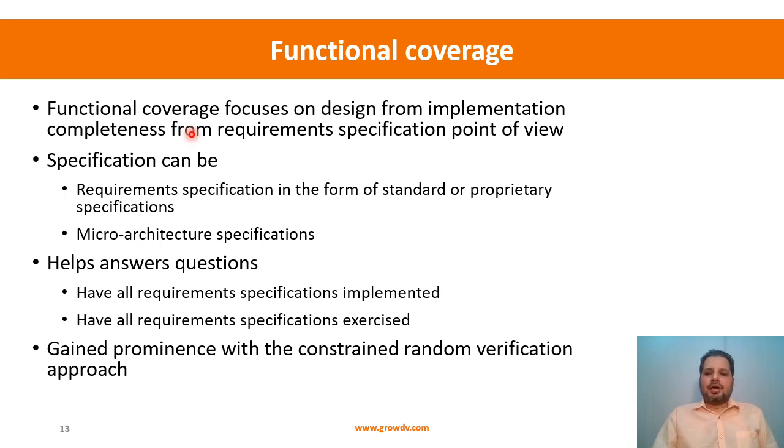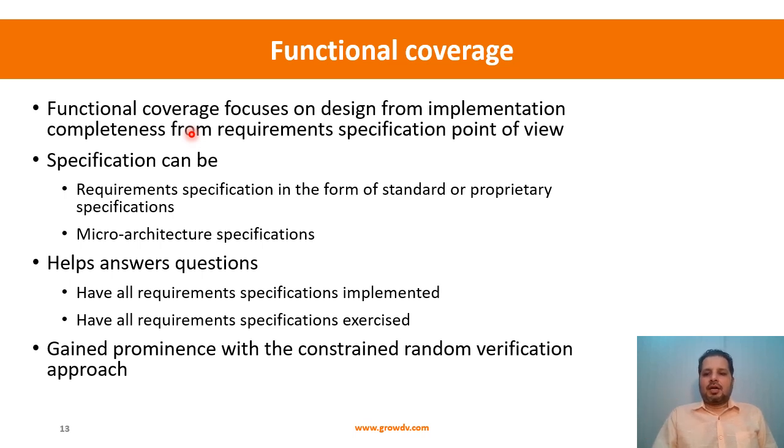And when we say requirement specifications, they can be in the form of a standard or a proprietary specification. Standard specifications could be PCI SIG providing the PCIe specification, or USB.org providing the USB specification, or MIPI providing, let's say, UniPro for flash storage type of requirements.